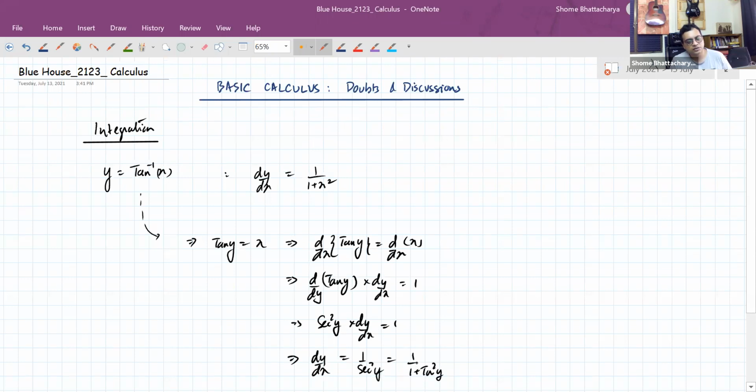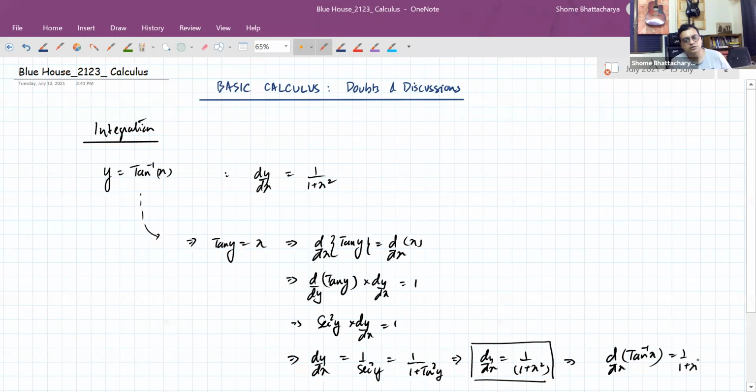Then we substitute that tan y is equal to x. So we get dy by dx is equal to 1 upon 1 plus x square. So this gives us the direct relationship that derivative of tan inverse x is equal to 1 upon 1 plus x square.